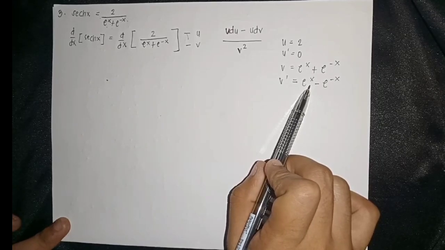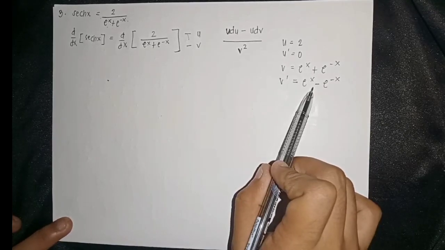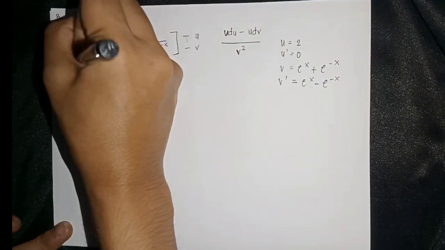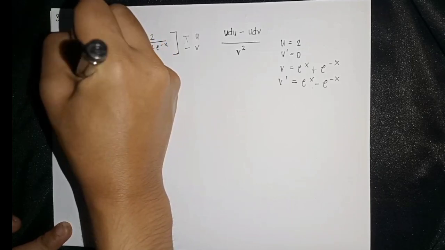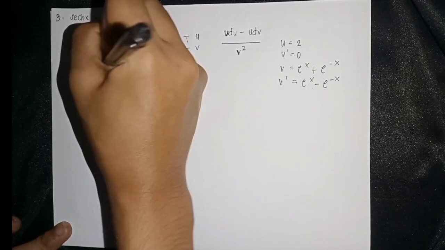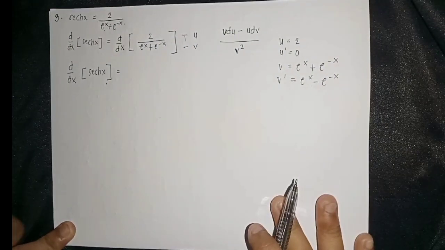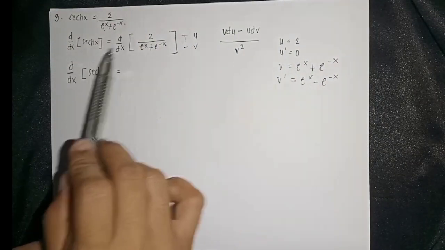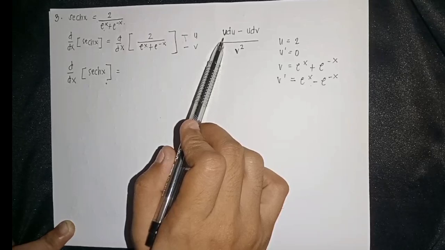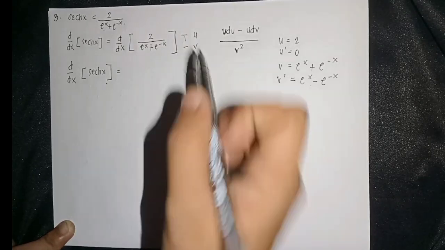So now we have the derivative of u and the derivative of v. Now we are going to plug the equations into the quotient rule.